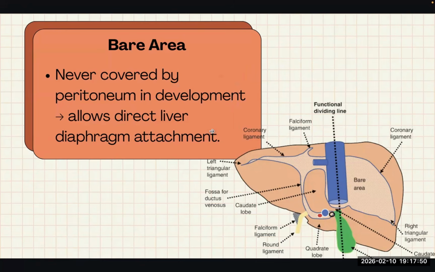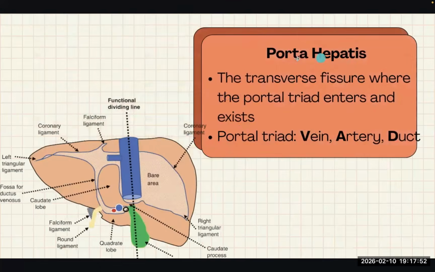That's for the first part. For the second part, we have the porta hepatis, again, which we talked about over here. It contains the VAD, or the portal triad. Now imagine this is like a little portal, or like a door to the liver. It allows the entry and the exit of the portal triad. Imagine a door having peritoneum. Would the vein and the arteries and the ducts sit comfortably in there?